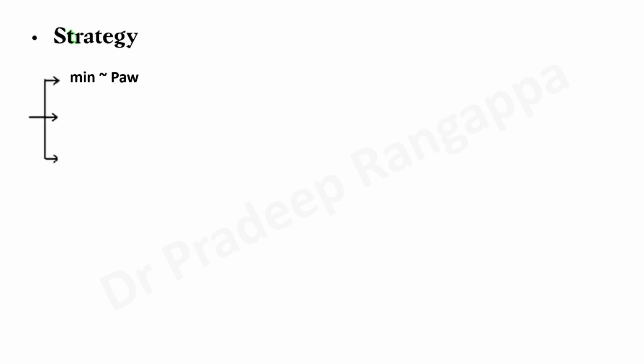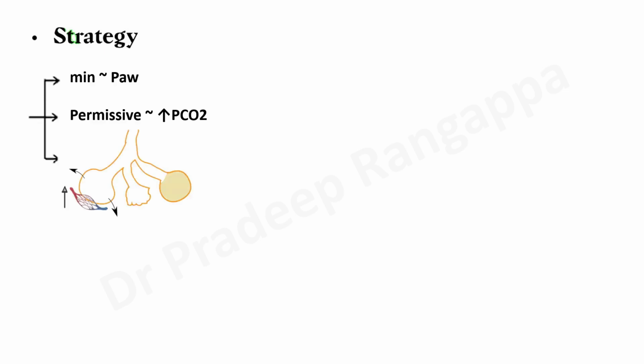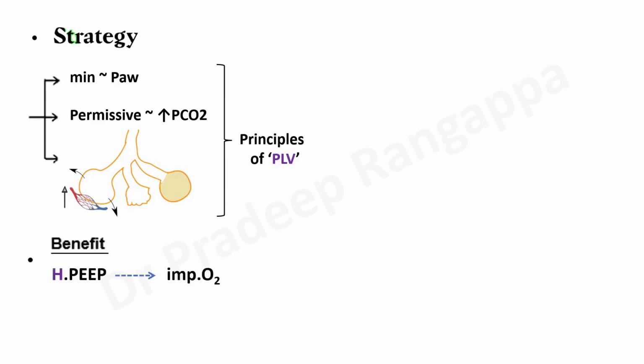So the strategy in ARDS is minimizing the airway pressure, with some permissive hypercapnia, which is needed for alveolar recruitment. And we do accept permissive hypercapnia, which causes good alveolar recruitment. And our intent is to prevent overdistension of the alveoli and hyperperfusion of the pulmonary circulation. And that is the main strategy that we need to adopt, and which encompasses the principles of protective lung ventilation.